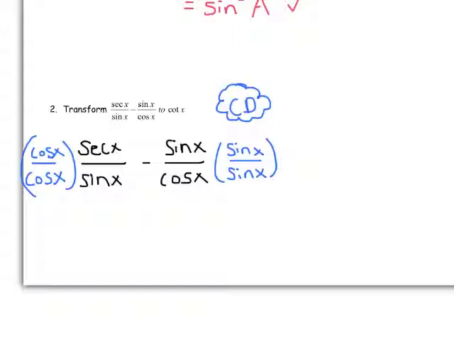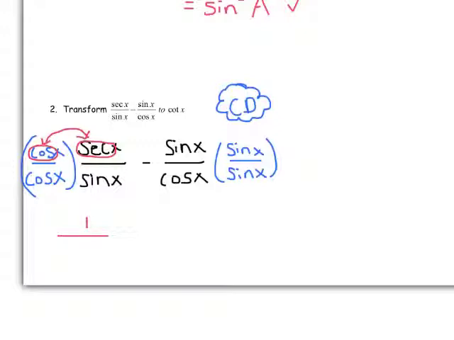Alright, so what ends up happening is that when you multiply this times this, you end up with a cosine that multiplies times a secant. Now, I'm not going to write this out anymore. Reciprocals multiply to 1. If you were in my class right now, I would be banging on the table. You do not need to be spending more than one step to do this. Cosine times secant is 1.